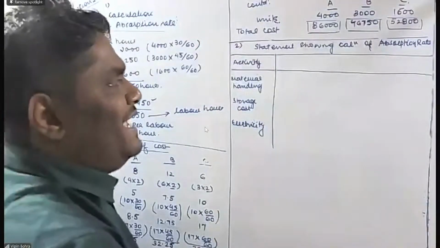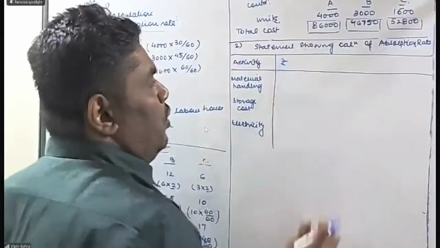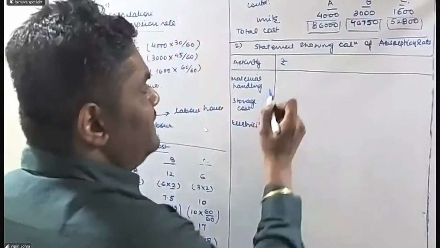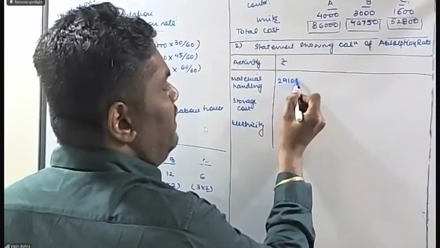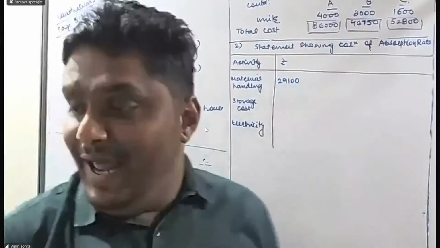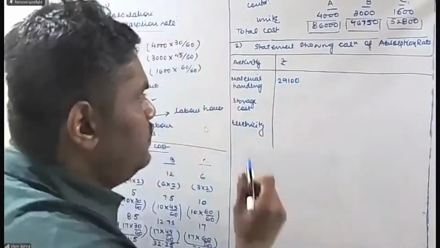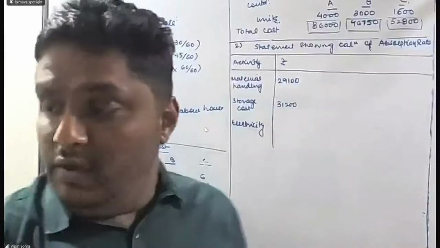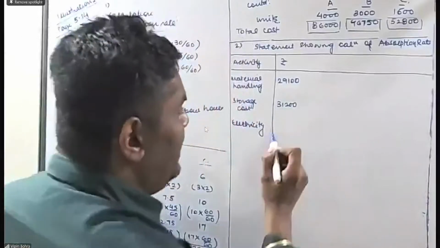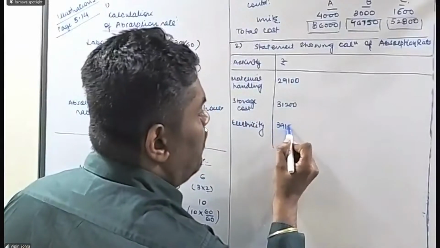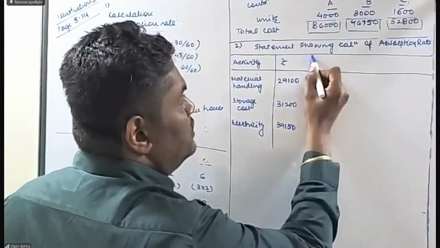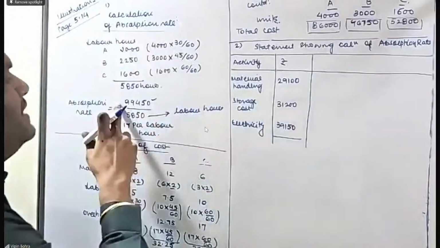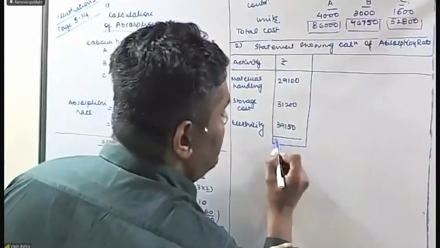So these are the various activities of the organization. When talking about the cost relating to these activities, it is 29,100 for material handling, 31,200 for storage cost, and when talking about electricity, it is 39,150. So these are the costs relating to these three activities, and the total will be the same, that is 99,450.